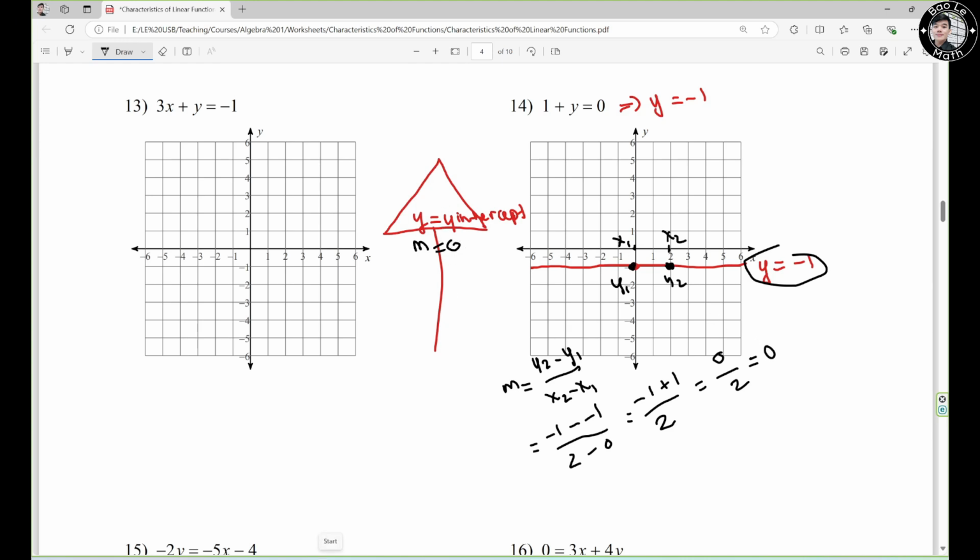Okay? Now, we need to find the x-intercept and y-intercept, right? So, because the graph right here is parallel to the x-axis, the graph never touches the x-axis. So, there is no x-intercept, right? So, we say no x-intercept.